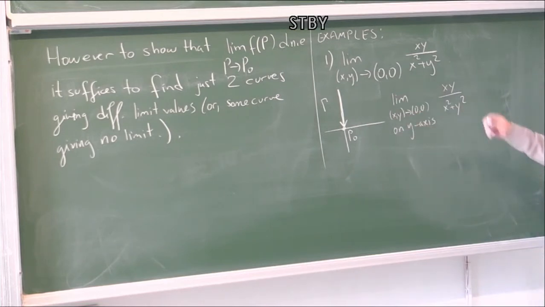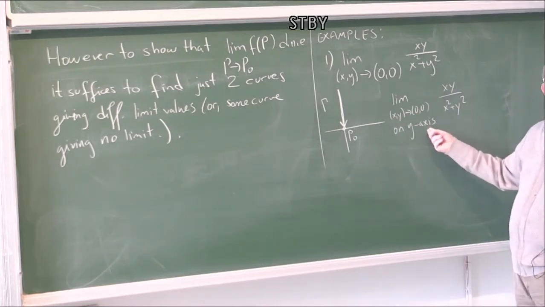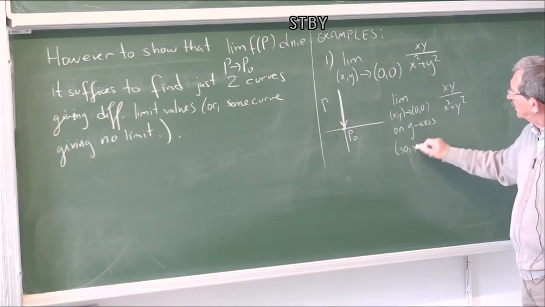Now, what does this mean? Well, we are on the y-axis, so x is 0.